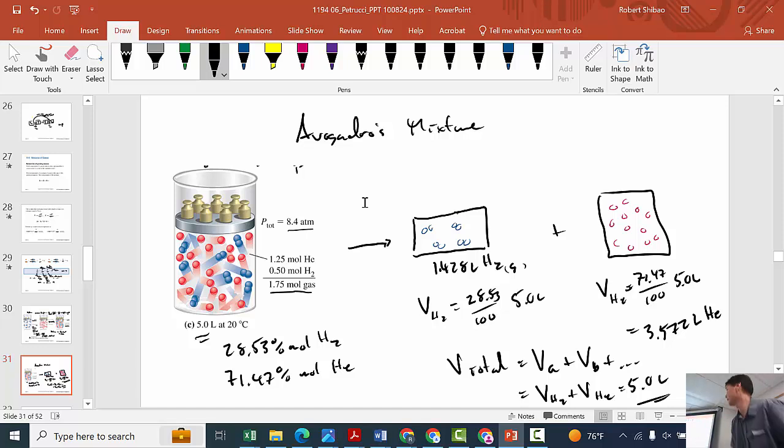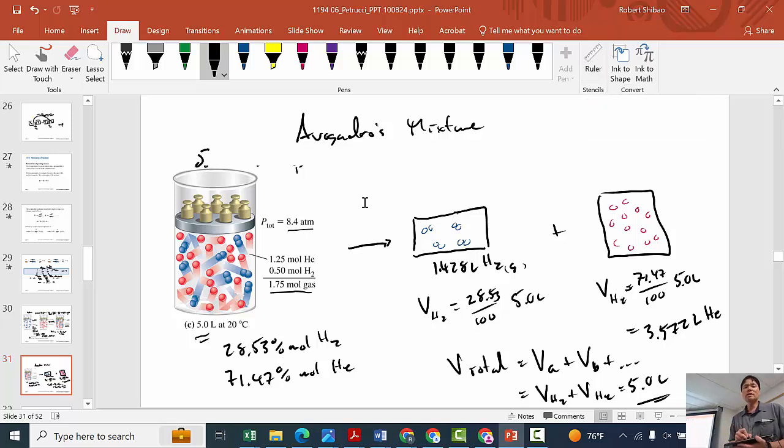Now, why did the volume shrink? Originally, I had 5 liters of hydrogen. Why did it shrink? You know why it shrunk? Yeah, we need to increase the pressure. We need to make sure under Avogadro's that all the pressures are the same.